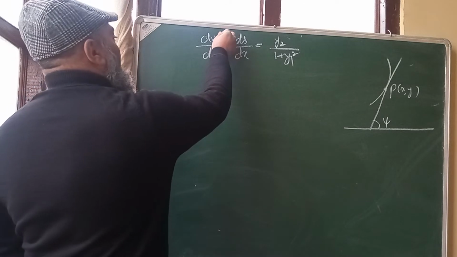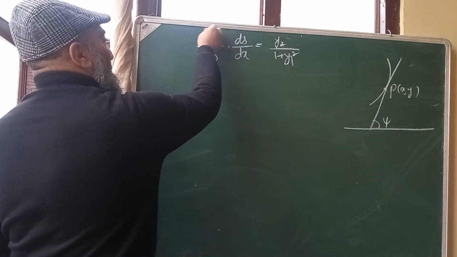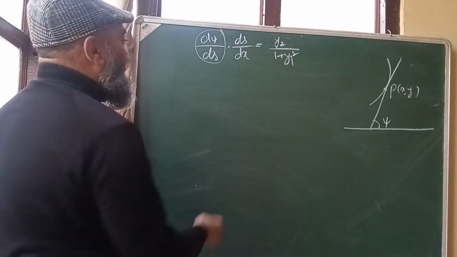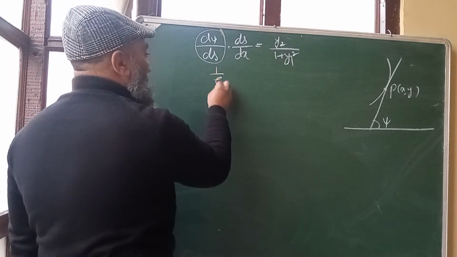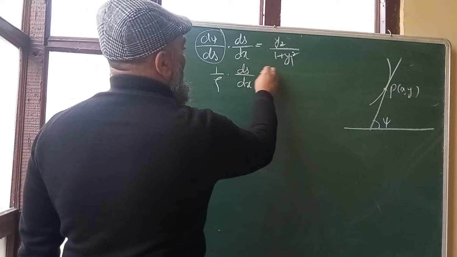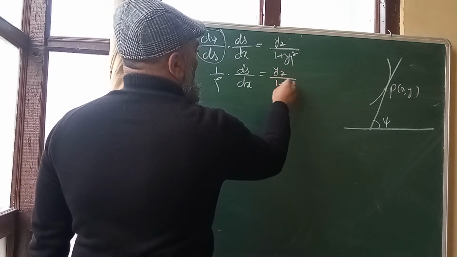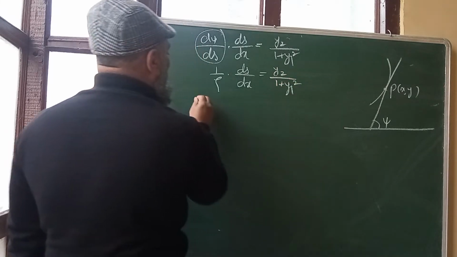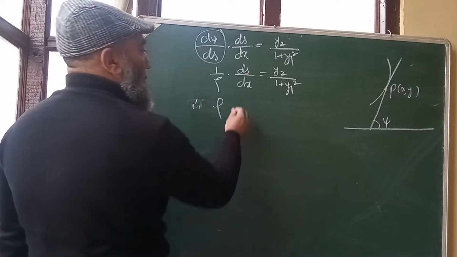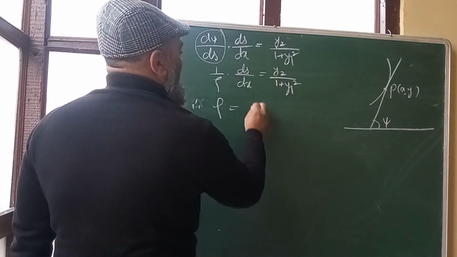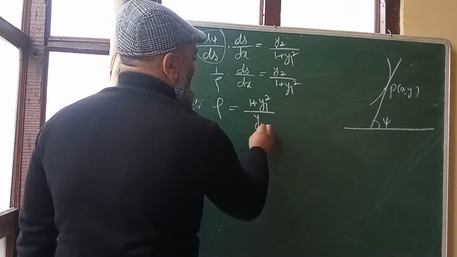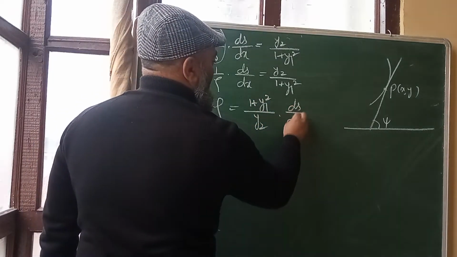Now, what is d psi by ds? It is k, or it is 1 by rho. So (1 by rho) times ds by dx is equal to y2 upon 1 plus y1 square. Therefore, taking rho here, rho is equal to (1 plus y1 square) divided by y2 ds by dx.